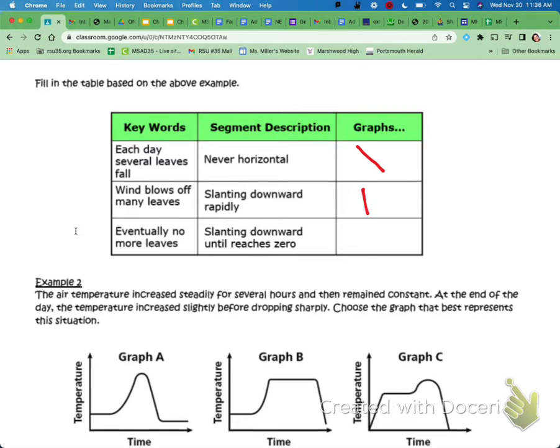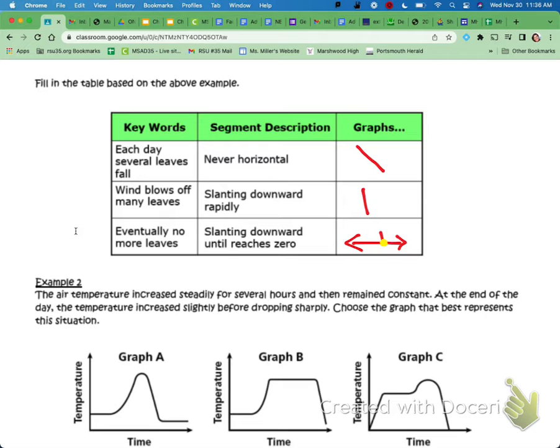So make sure your slope down is steeper than the one that you had above. And then eventually it's going to have none, which means it's going to hit 0 on our x-axis. So we put all that together. It created the graph from up above.